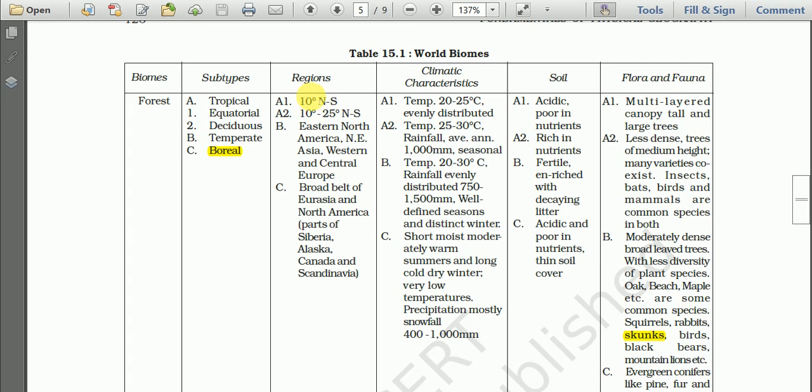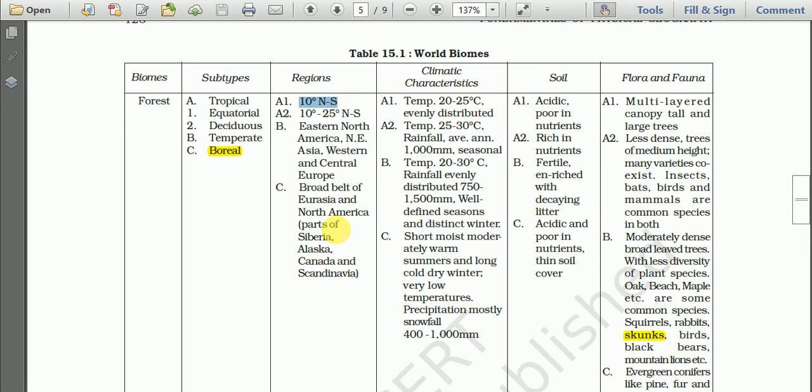Next, the regions are given here: regions of these forest biomes. For the equatorial forest biomes, it is located between 10° north and the south.